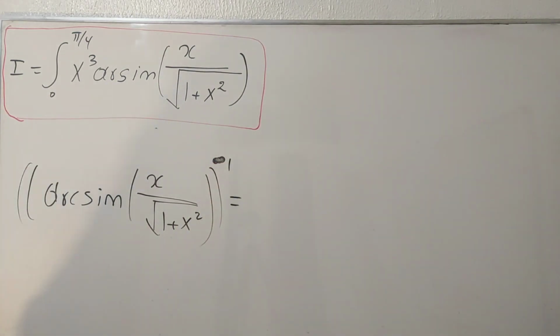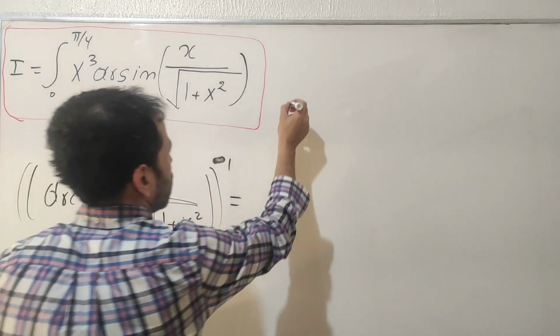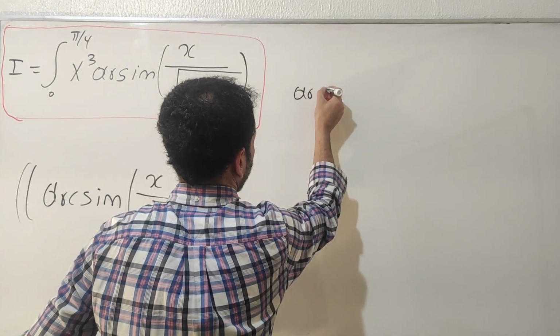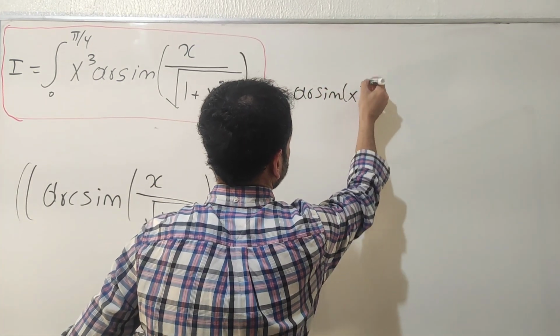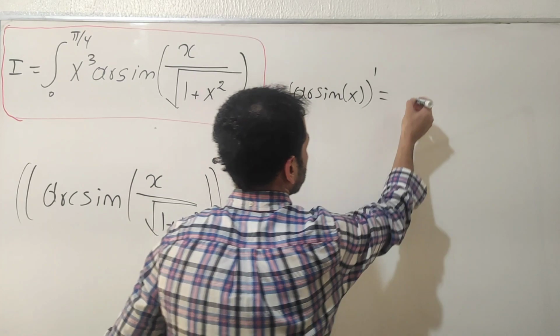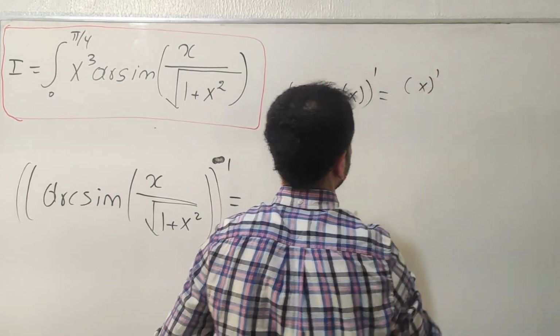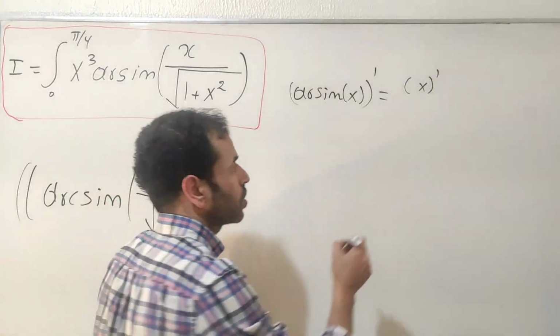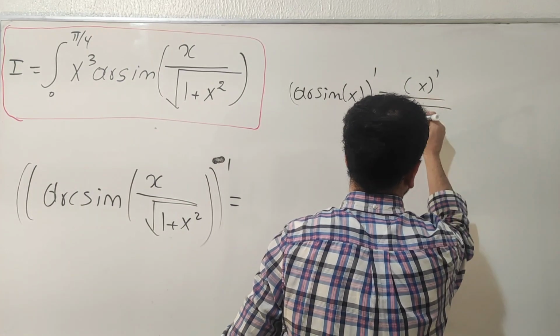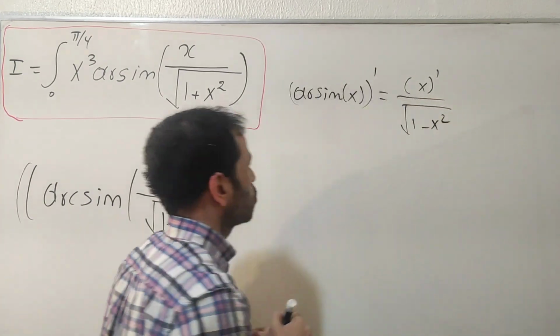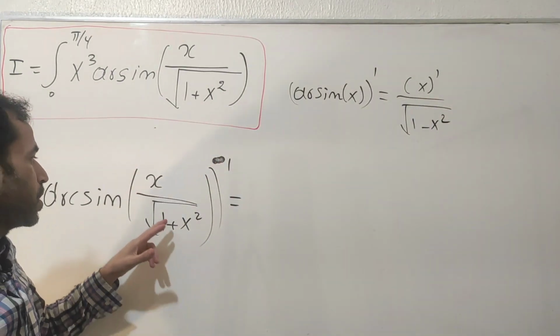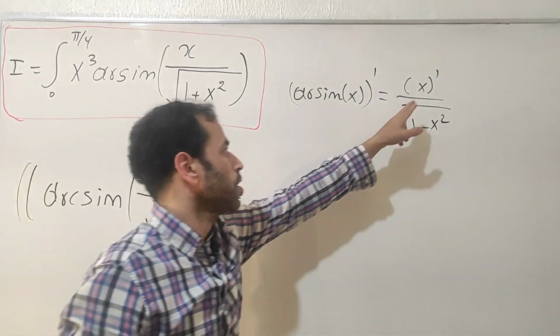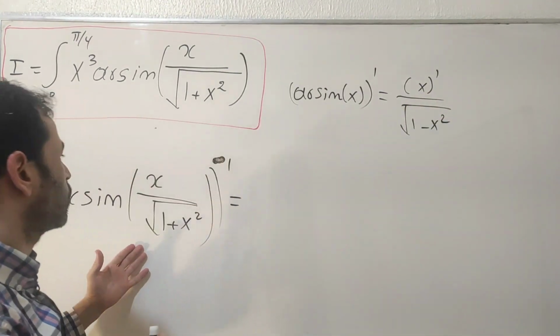Notice here we know that the derivative of arcsine of x is going to give us the derivative of x over the square root of 1 minus x squared. So we are going to do the same thing here by replacing the whole thing with x, and then differentiate this one.